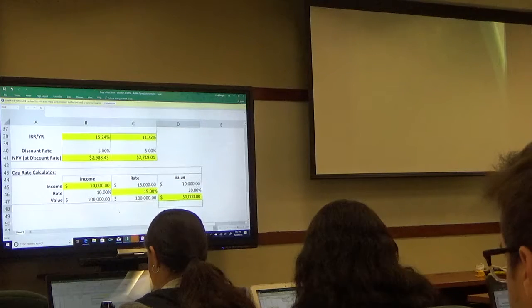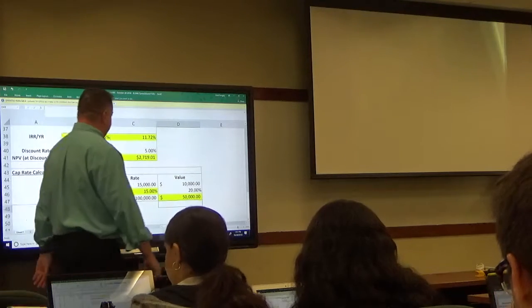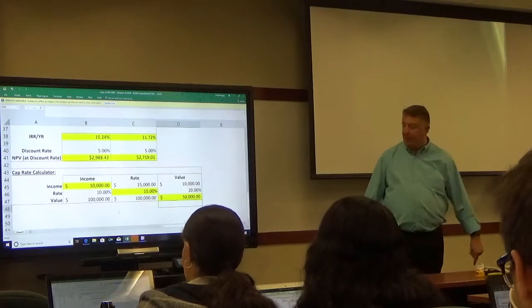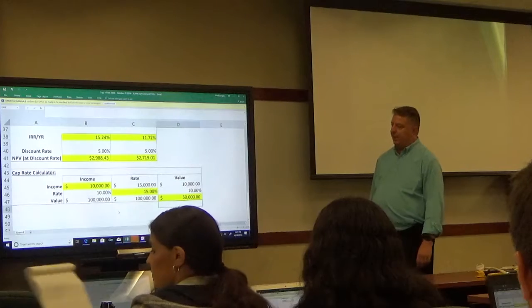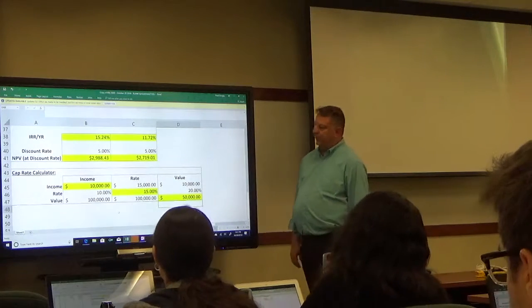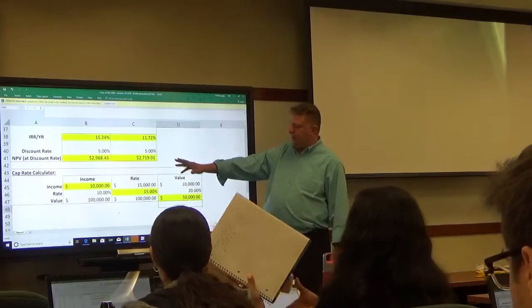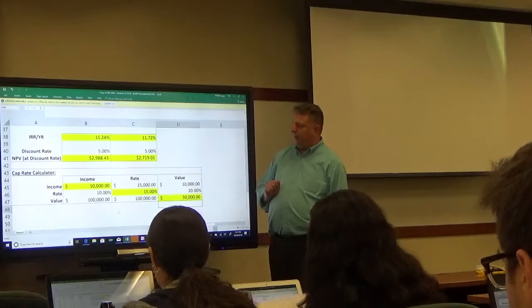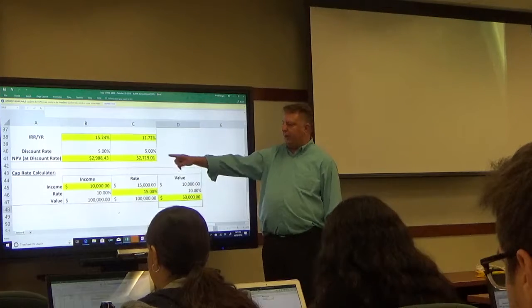Okay, so all this little thing is doing is a very simplistic calculation. It was meant to illustrate what we talked about first thing earlier this morning about ERV, simply taking our cap rate and manipulating it. So if you're given your rate of return or a cap rate, and you're given the value, then you're calculating income.